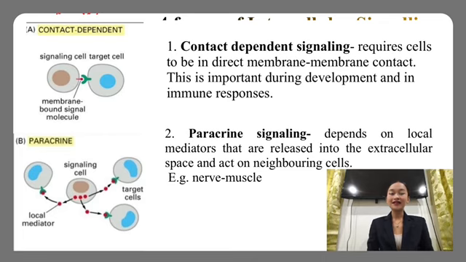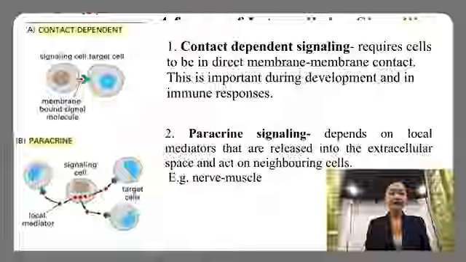First, we have contact-dependent signaling or membrane-to-membrane contact. This involves direct contact between a signaling cell and the target cell via a membrane-bound signal molecule. And second, we have paracrine signaling. A signaling cell releases a local mediator that acts on nearby target cells or neighboring cells.